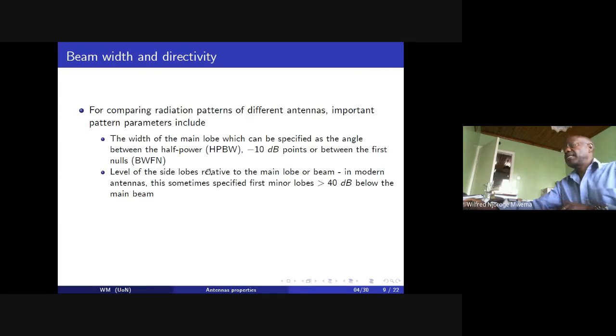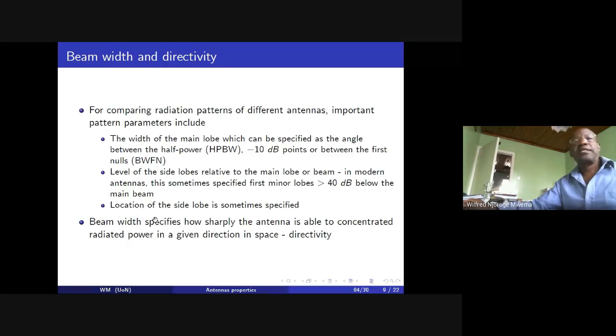So in modern antennas, this is sometimes specified as the first minor lobes, and they must be greater than 40 dB below the main lobe for a good antenna. So another parameter is, of course, the location of the side lobes, which may be specified in some cases.